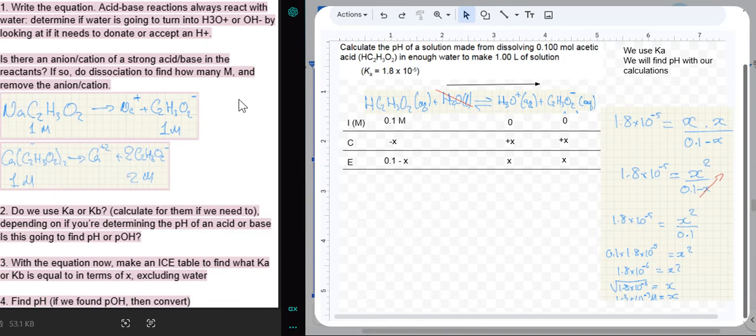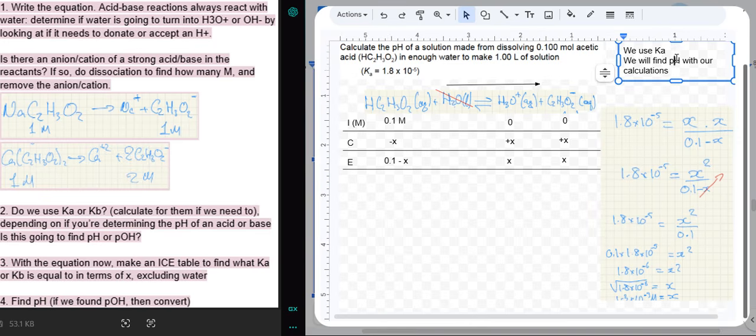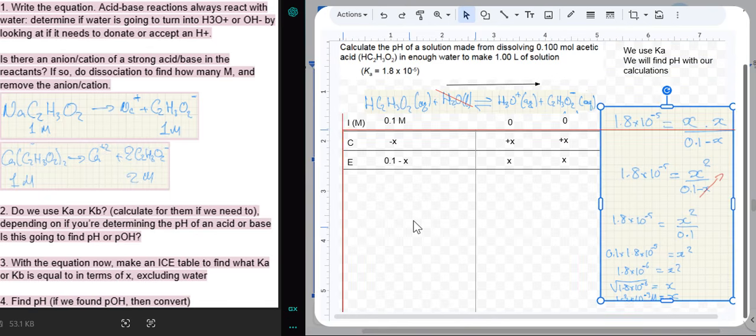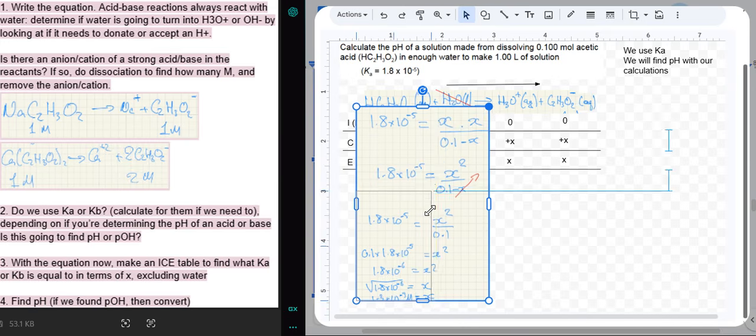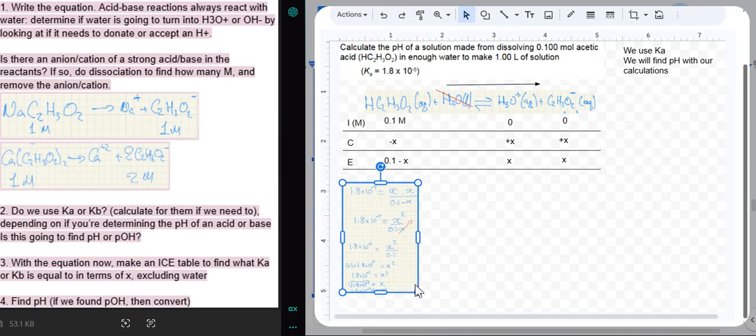And we're not done yet. We found x, but not the pH. And remember, after all these calculations, we're finding pH. So we use the formula for pH.